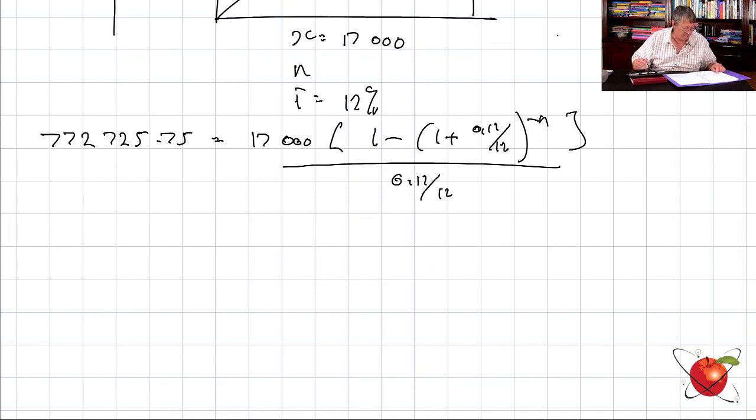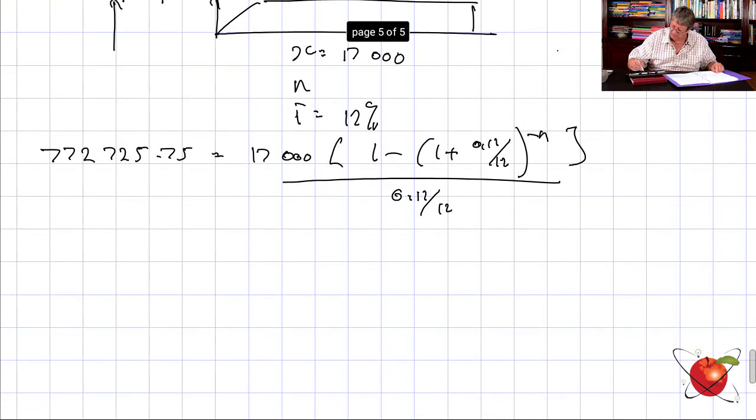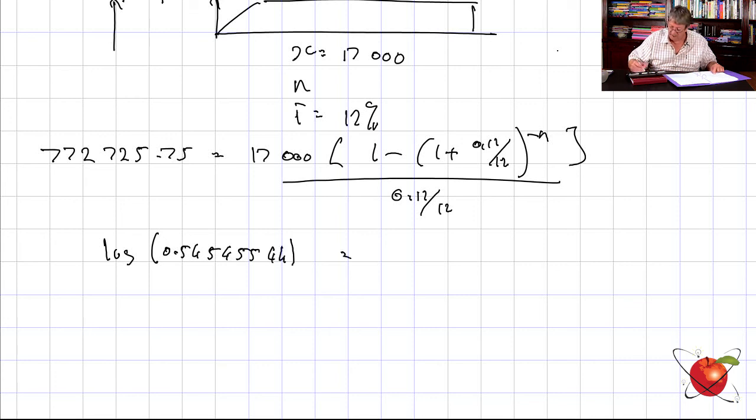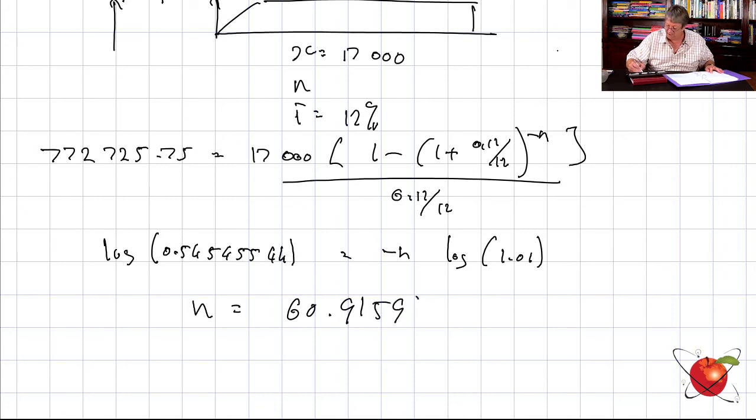I'll just give you, basically, we get log of 0.545544 is equal to minus N times the log of 1.01. And you work out, and N comes out to be equal to 60.91598084.